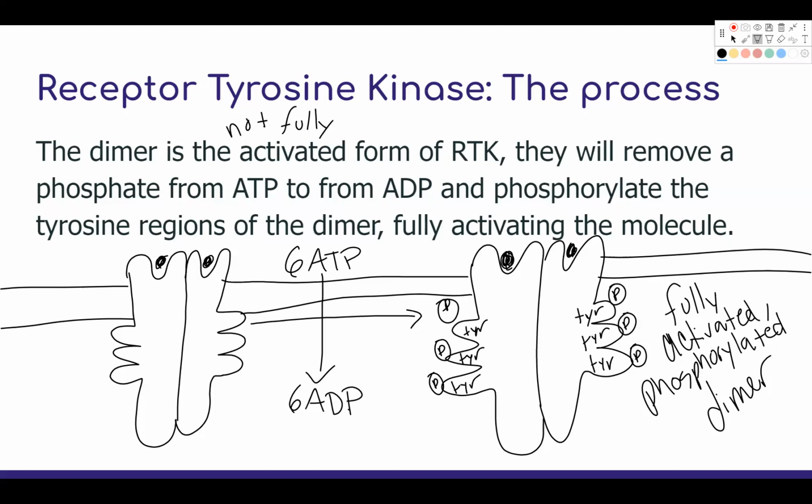I always make my phosphate groups different colors so I know what they are, but that is just me. All right. So now we have a fully activated receptor protein.